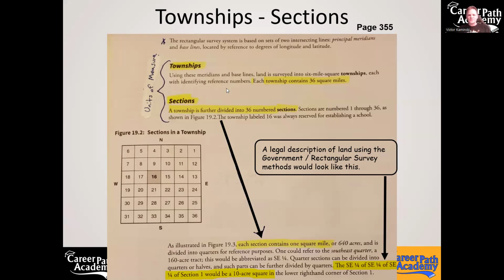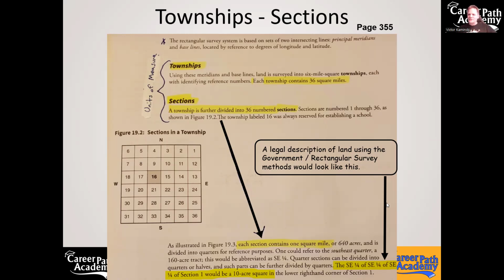We got the townships and sections are part of the rectangular or government survey system. Each township is 36 square miles. It's a unit of measure, and within a township it contains 36 sections, each 1 square mile.